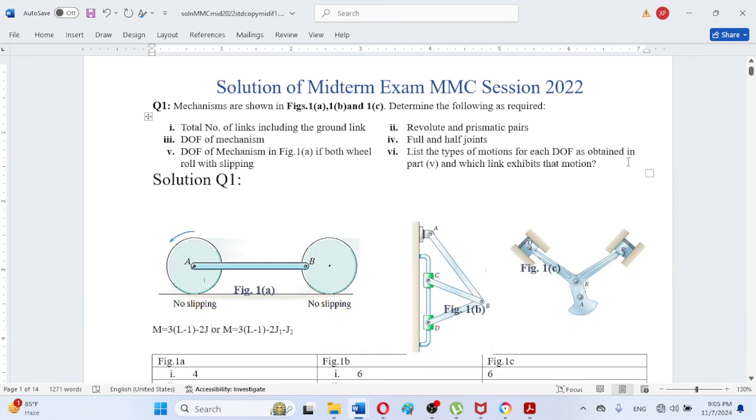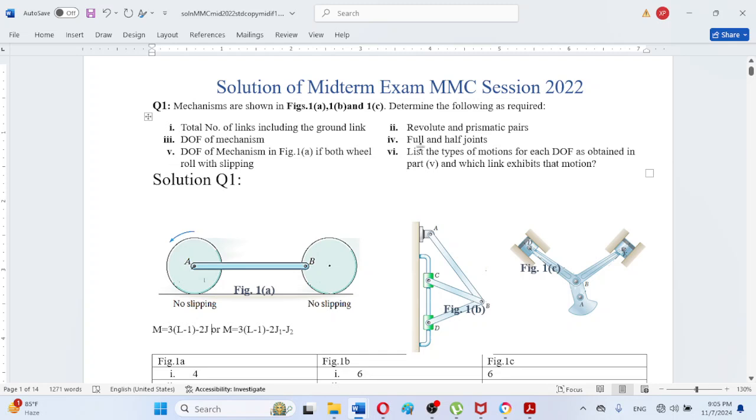I have copy pasted the statements of the question here. Question one: mechanisms are shown in figures 1a, 1b and 1c, so determine the following as required.